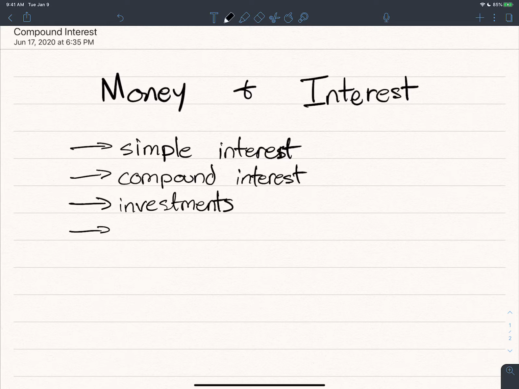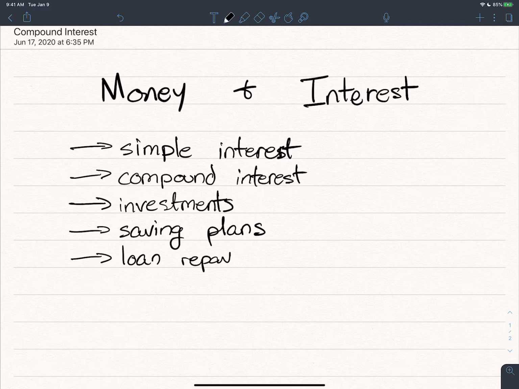And then we're going to talk about savings plans, which is kind of tied into investments. But we're going to talk about how we can do some math on savings plans to do some calculations. And then lastly, we are going to speak about loan repayment and a way to do some calculations to figure out some loan repayment information. Okay, so let's go ahead and jump right into it.